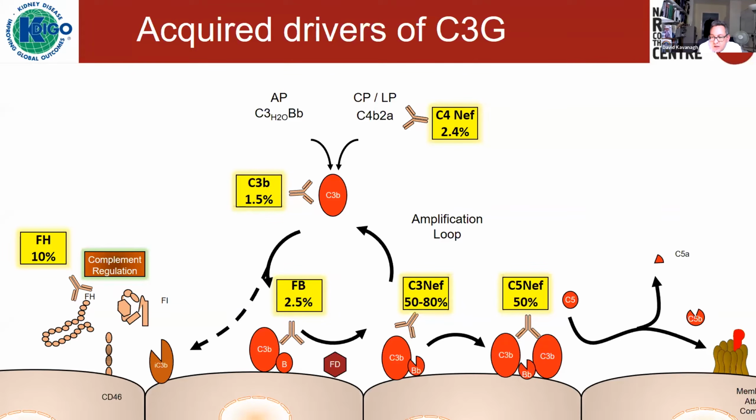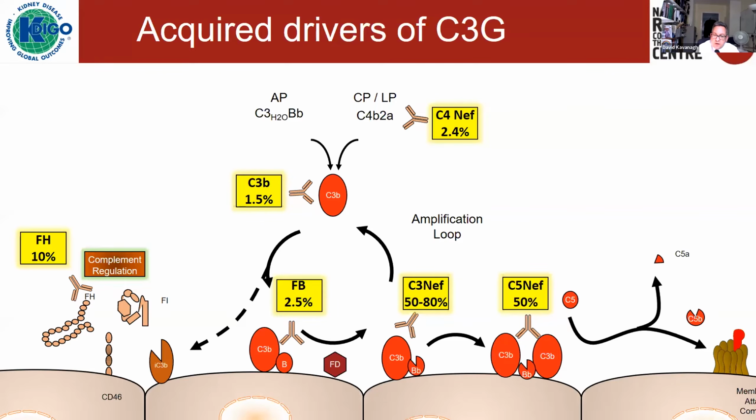This stabilizes the C3 convertase, that C3bBb, and increases its half-life, and that drives the complement turnover. Some of these C3 nephritic factors may also result in a C5 nephritic factor, which results in terminal pathway activation, and they're relatively common too.